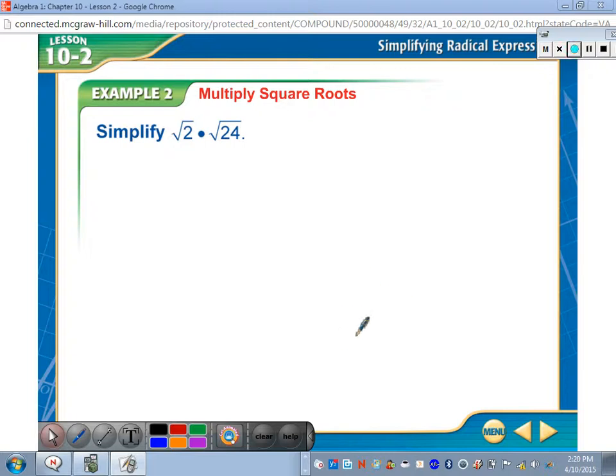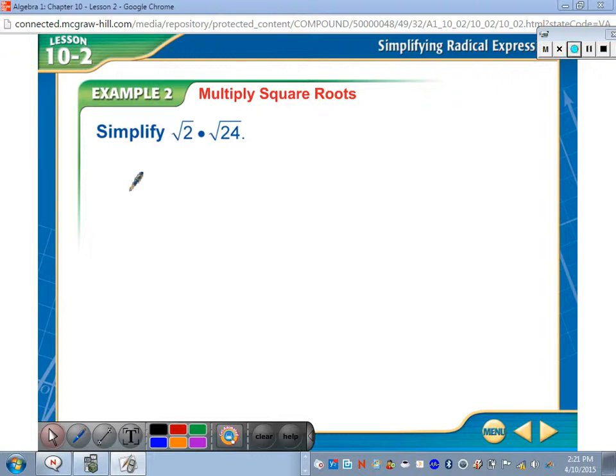Now notice I can write this as 2 squared times 3 times 4, which means I can write, I'm just going to go up here with it, square root of 2 squared, square root of 3 times square root of 4. So remember, it's square root of 2 squared.